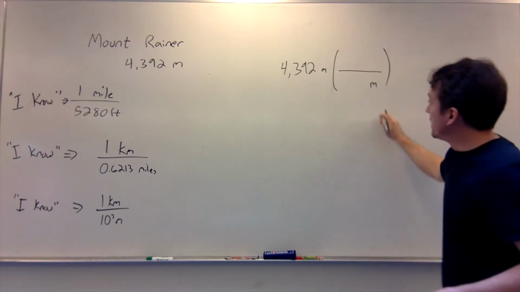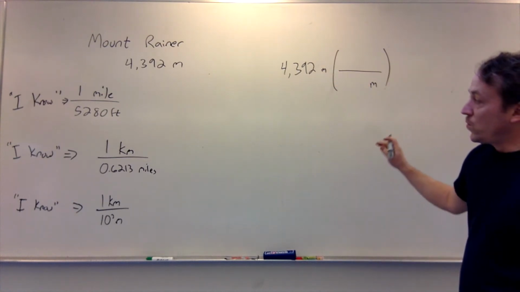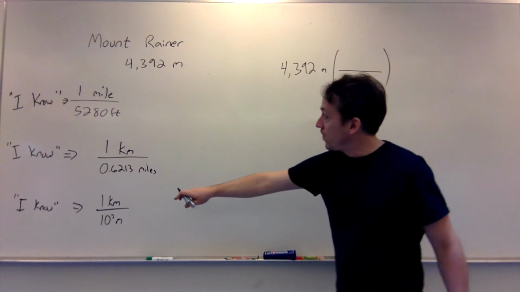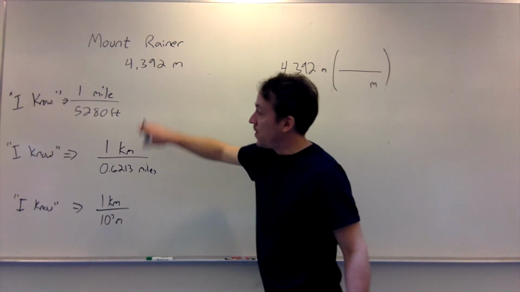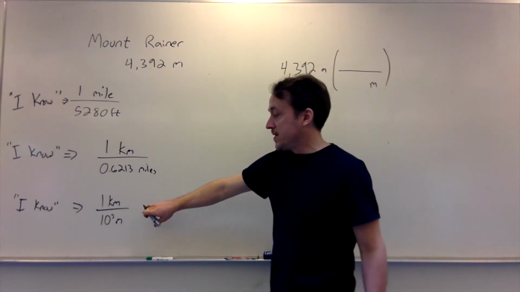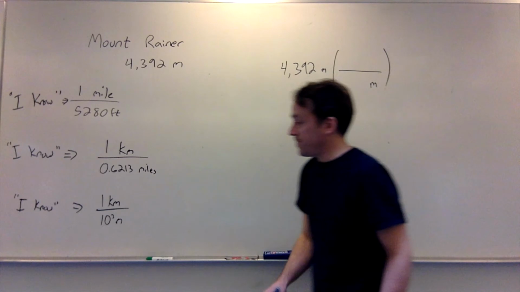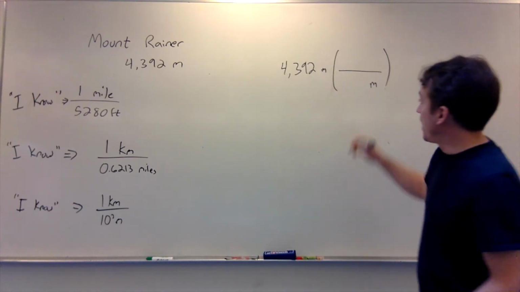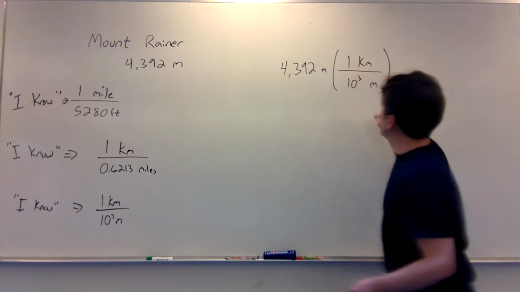You want to have meters down here so that these cancel. I want to get to kilometers because I know how to get to miles from there and I know how to get to feet from there. So I've got this conversion factor: 1 kilometer is equal to 10 to the 3rd meters.